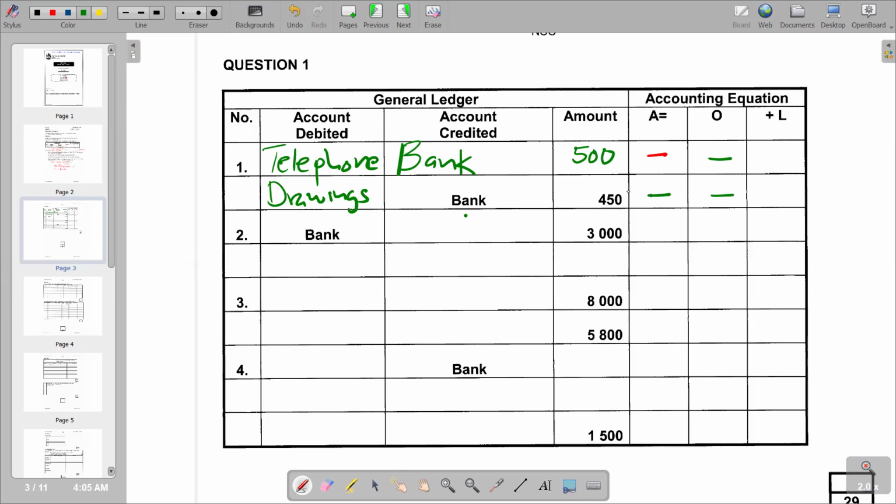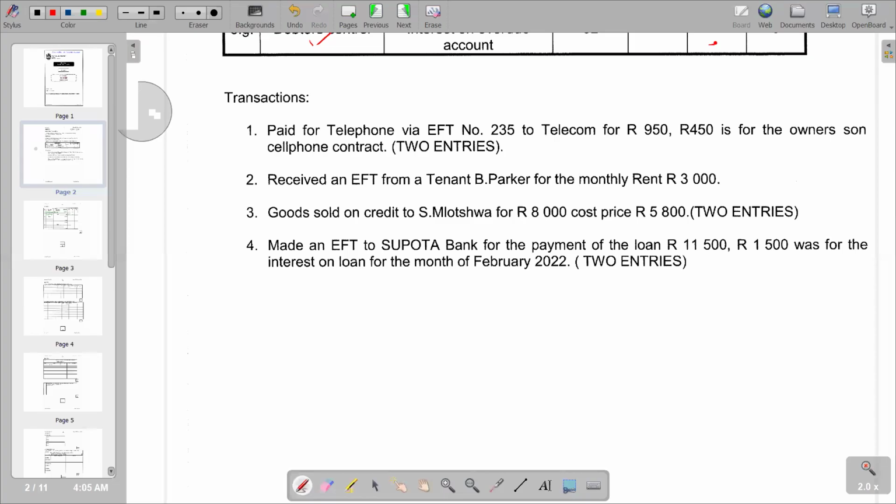And we now go to the next part of our question, whereby we are going to information 2. We are now on information 2, which reads: received an EFT from a tenant, B Parker, for the monthly rent at 3,000. So basically we are receiving through EFT.